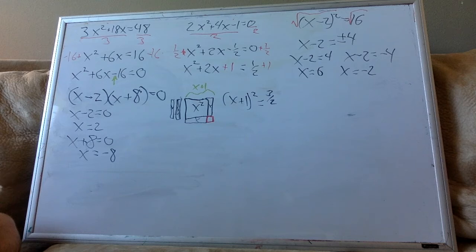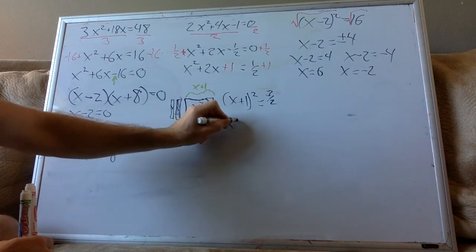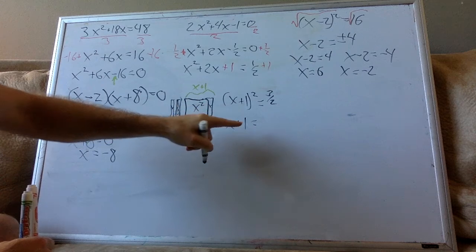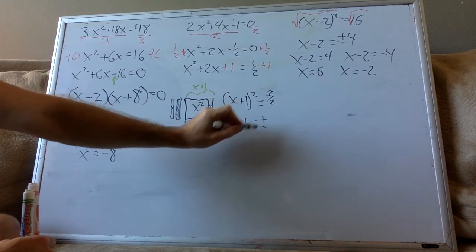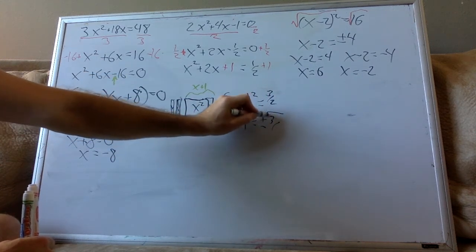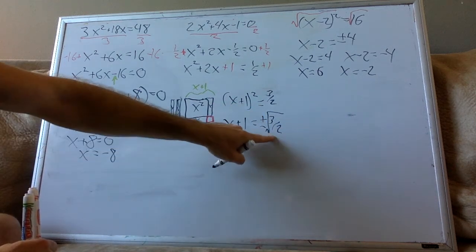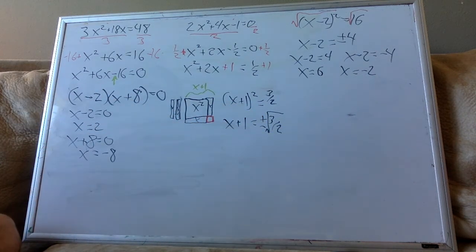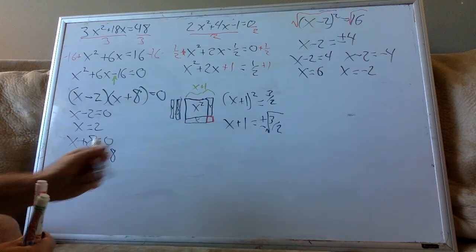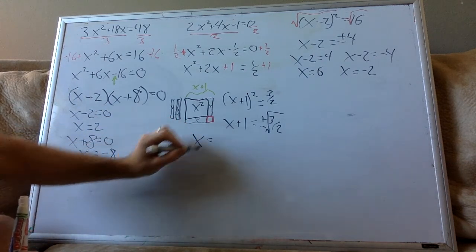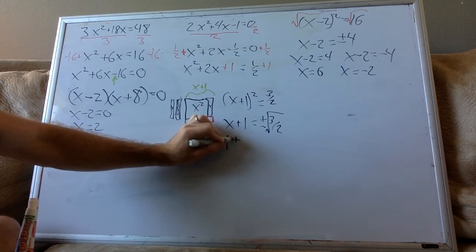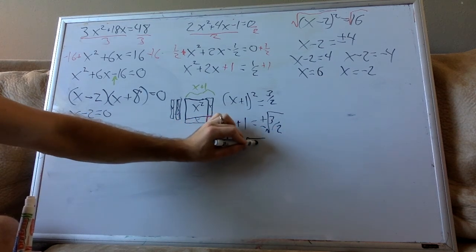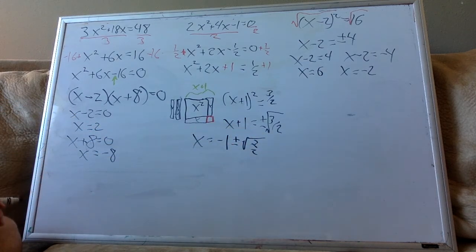I take the square root of both sides, so I get x plus 1 on that side, and remember, I have the positive and negative square roots of this side. In my final step, if I subtract 1, then I find that x equals -1 plus or minus the square root of 3/2. So that gives me two solutions for that equation, and that's what I would be looking for.